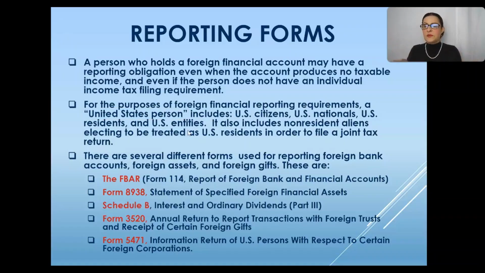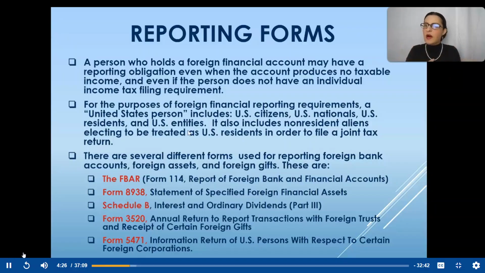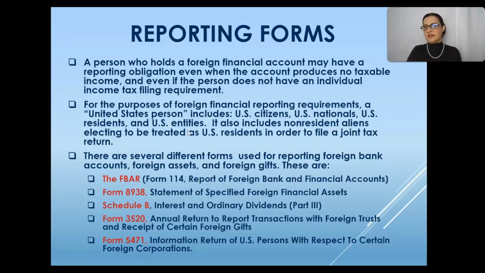But sometimes you will hear the term person and they're talking about corporations or U.S. entities. Like a U.S. C corporation is also considered a person. It's not a natural person. You and I are natural persons. But a corporation is also considered a person. And in this regard, a corporation would be a United States person if it had to file these specific reporting forms.